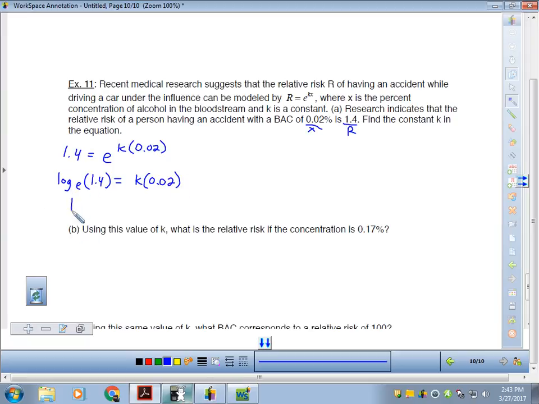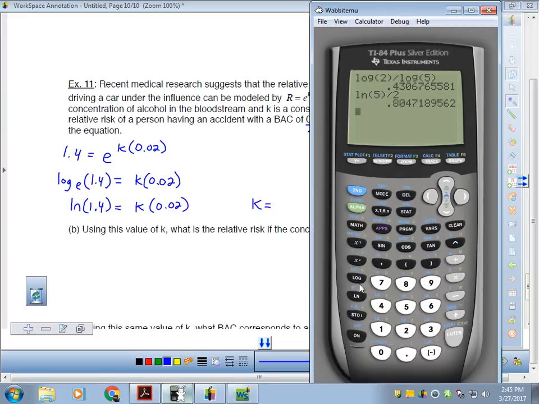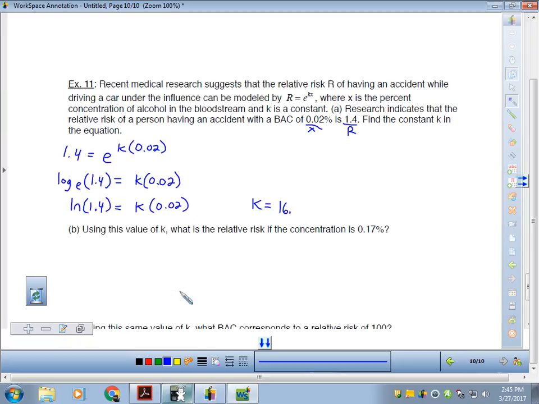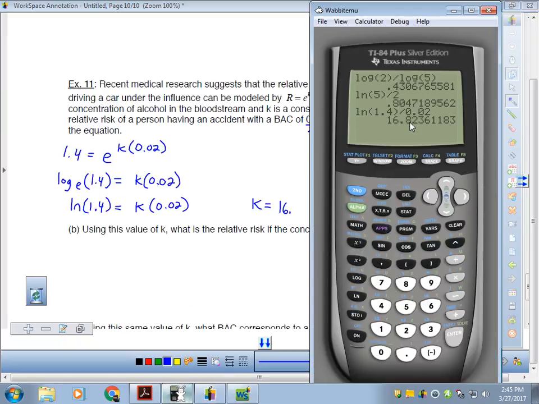Log base e is ln, so this is ln of 1.4 equals k times 0.02. And then we can solve for k by dividing the 0.02 across. So we go to our calculator, ln 1.4, close the ln, divided by 0.02, and there's my k. So 16.824.